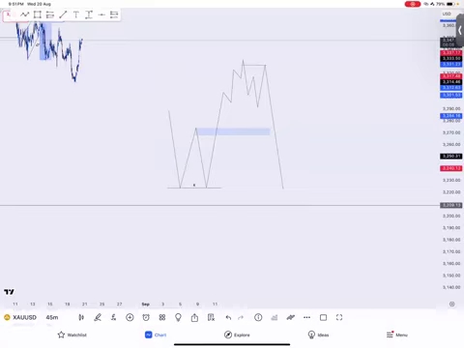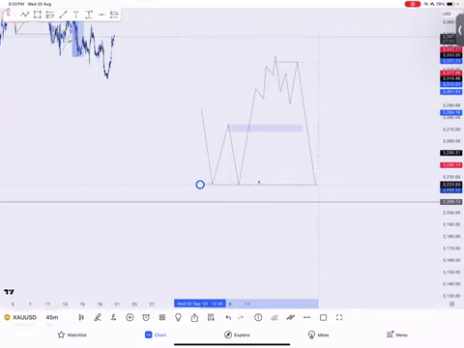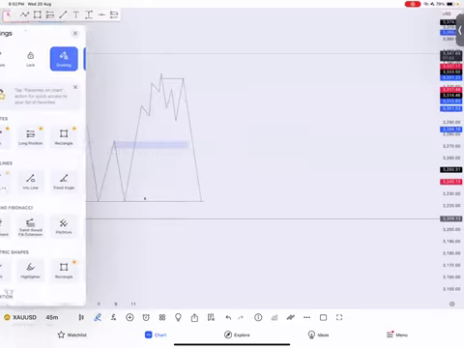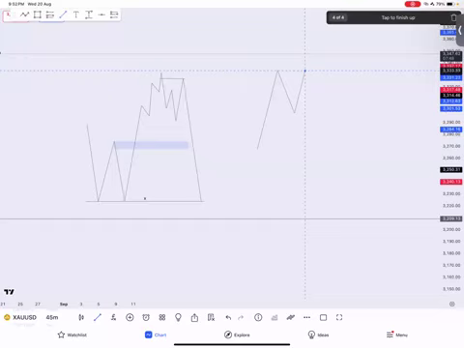I only used it once, maybe twice in my entire trading career. But if you see it, it's still good to know that when price gives you a relative equal low, it means that there's liquidity on the downside of that chart. And if it gives you a relative equal high, then there's liquidity on the upside of the chart.